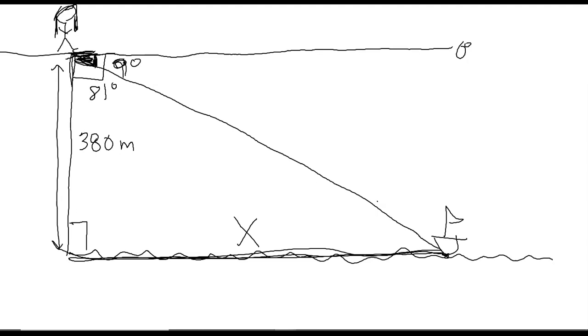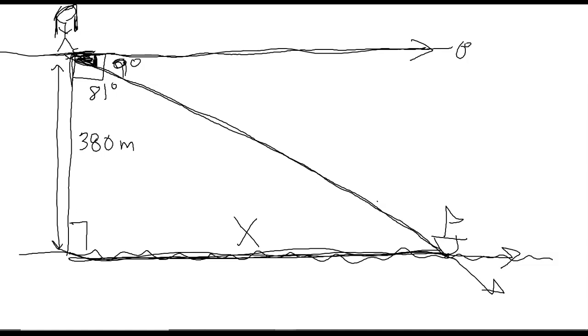The other way we can look at this is that this is a straight line right here, her line of sight. This is a straight line here, the line of the sea. Those are parallel. And if we consider her line of sight here to be a transversal, then this angle and that angle are alternate interior angles.